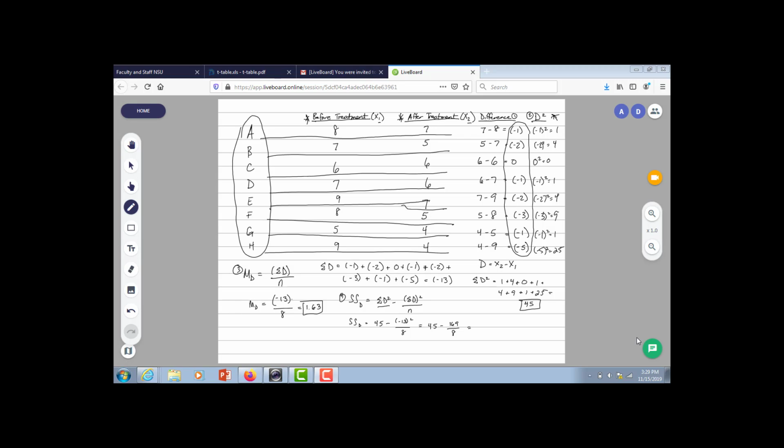When we do 169 divided by 8, we end up with 21.13, and we take that from 45. When we subtract 21.13 from 45, we end up with the sum of squared difference scores of 23.87.